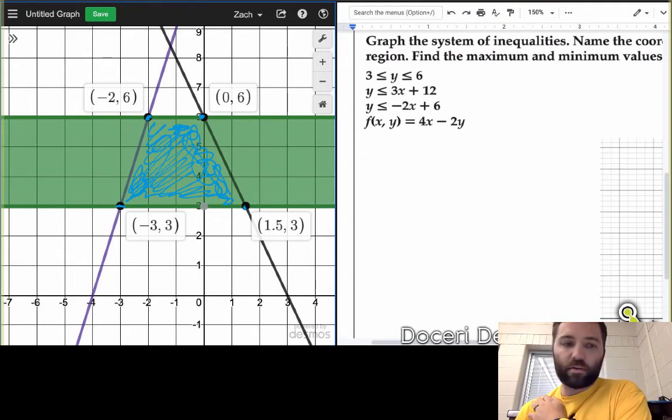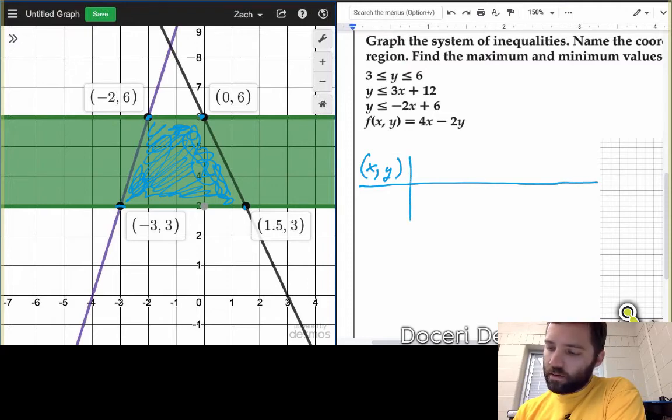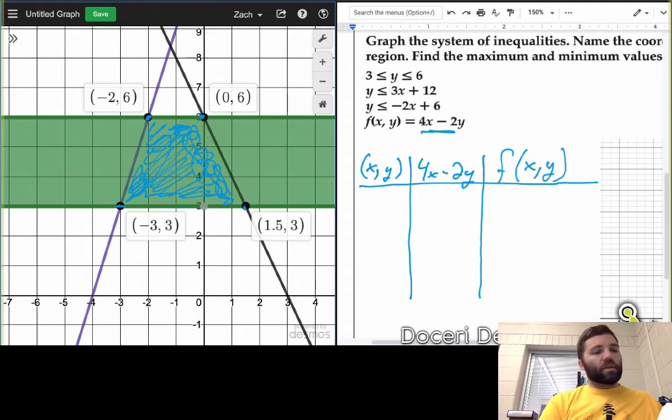I would set up a table, and in that table, you're going to have x comma y. In other words, that's going to be your list of vertices. You will have the expression, which is 4x minus 2y, for the function, and then we will have the function value over here. Okay, so let's start filling things in.